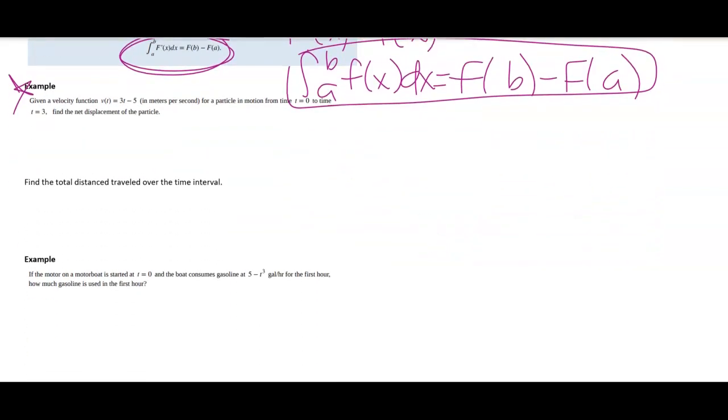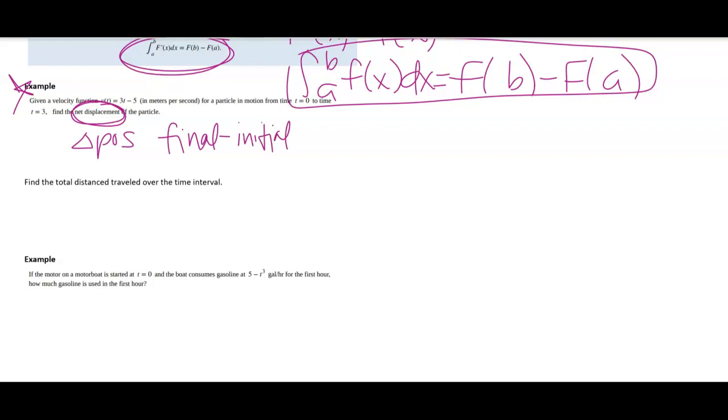So if I have a velocity function 3t minus 5, and I want to look at the net displacement of the particle. Displacement just means change in position. Okay, so final minus initial.